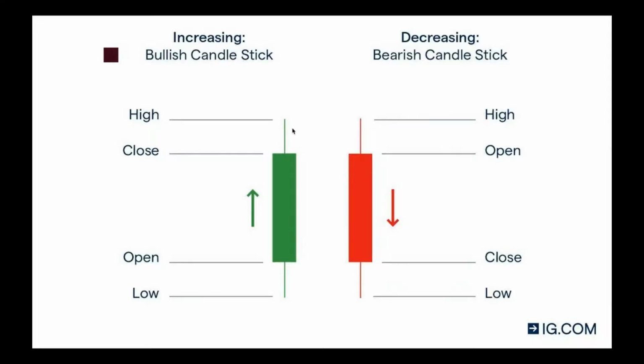Then the sellers started pushing the price down. That is why this wick formed and the price closed at this point. So this is how the price of the candle is determined over a period.